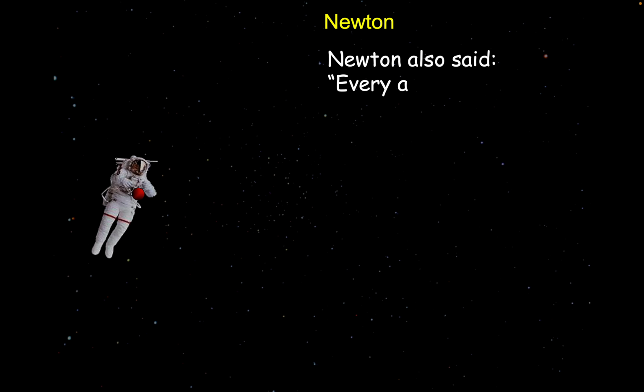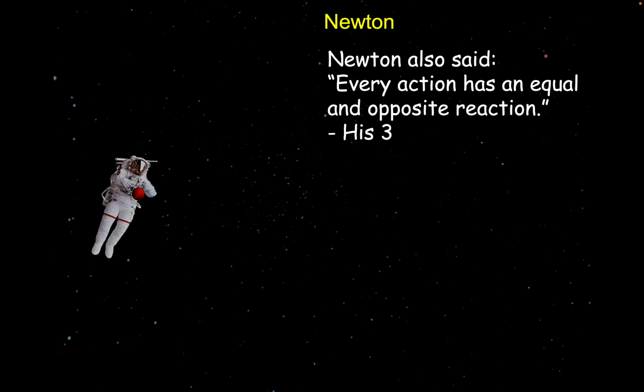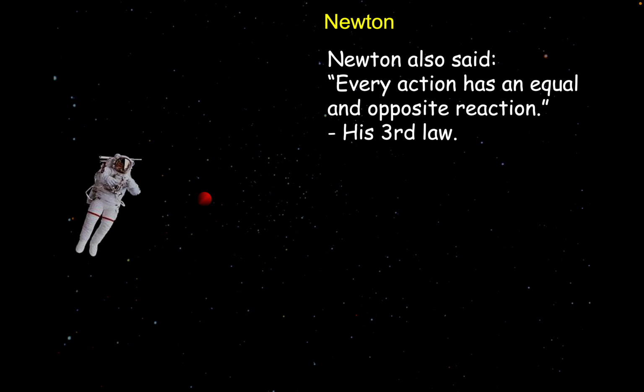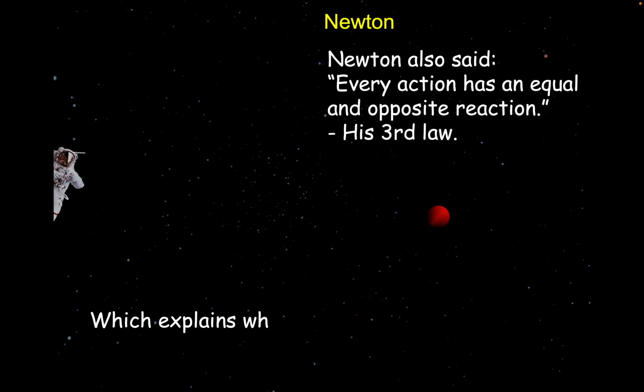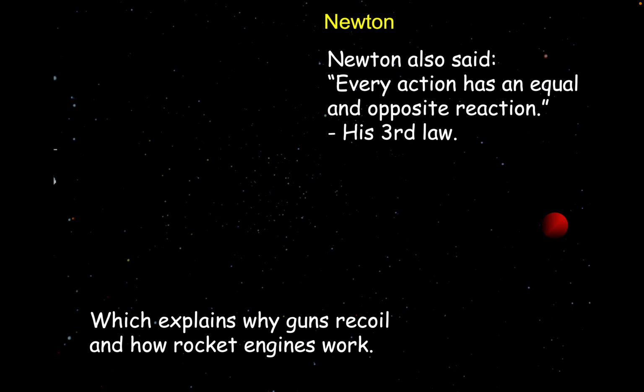Okay, so Newton also said every action has an equal and opposite reaction. So when the astronaut throws the red ball, he will actually go backwards, because the action on the red ball creates a reaction on the astronaut himself. The ball went faster because it had less mass, and the astronaut goes slower because he has more mass.